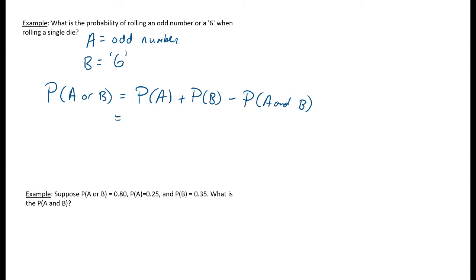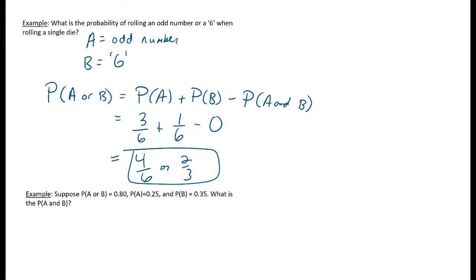There are 3 odd numbers out of 6 total outcomes on a 6-sided die. Plus the probability we roll a 6 is 1 out of 6, minus, well, A and B. This time, the events are mutually exclusive. Why is that? Because on a single roll, we cannot roll an odd number and a 6. So because they're mutually exclusive, the probability of A and B is 0, because it's impossible for that to happen. So in this case, the probability of rolling an odd number or 6 will be 4/6, or 2/3 if you want to reduce.